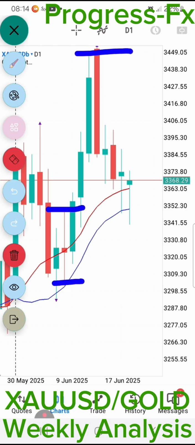Now, this is on the daily time frame. I'm going to take you down to at least a minimum of the 1 hour time frame for you to understand the market structures and how it works. So for the market to gain momentum to start bullish again, it needs to come to retest this point of interest.